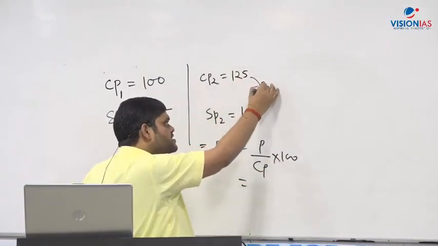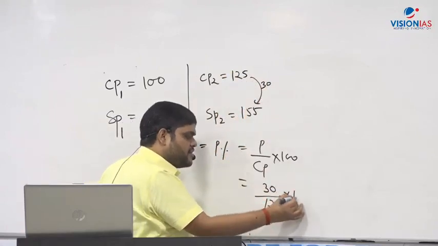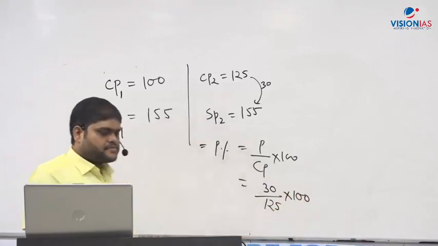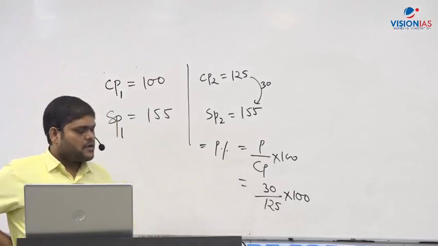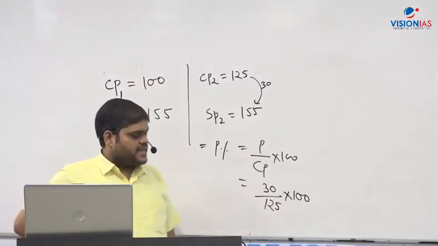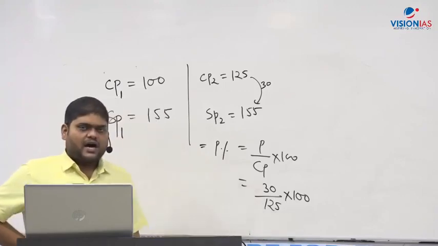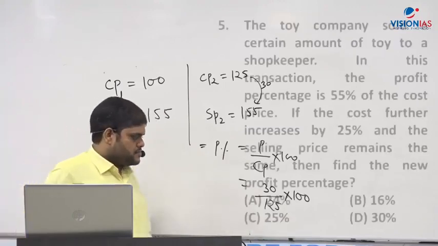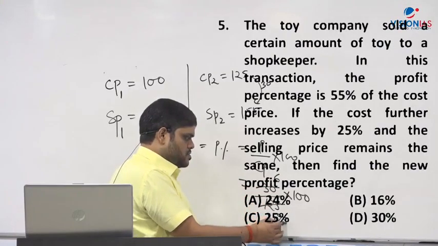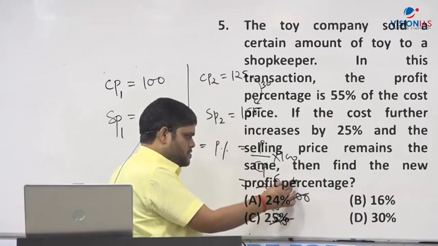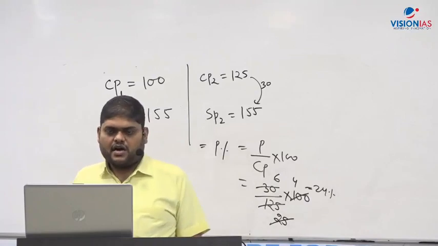Profit is 30 rupees, CP is 125, into 100. We can solve this. I think A should be the correct answer. 24% is the correct answer.